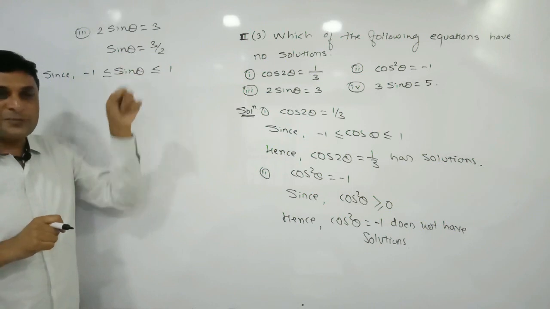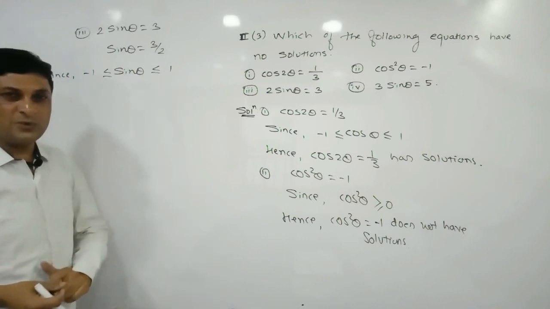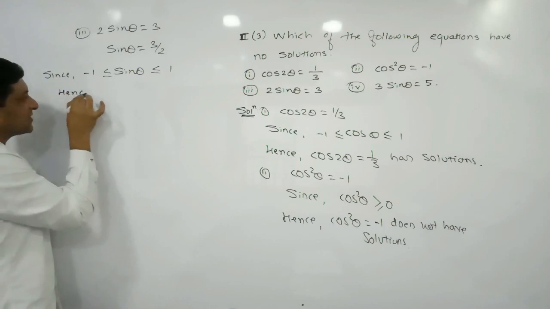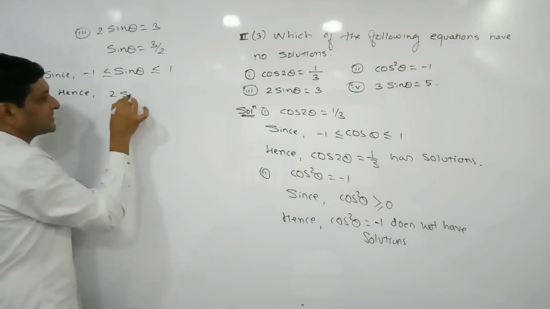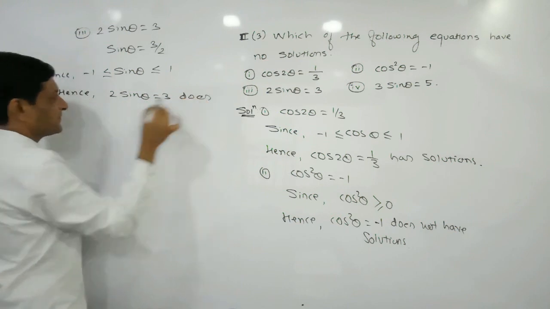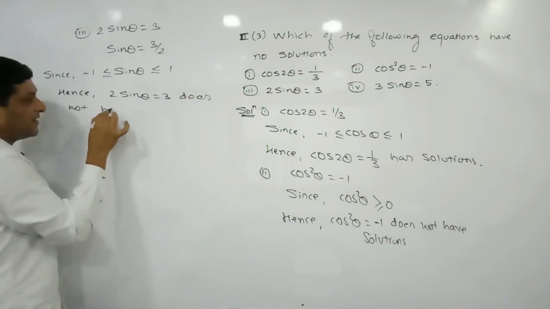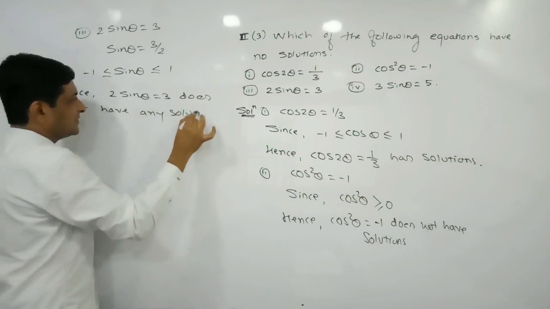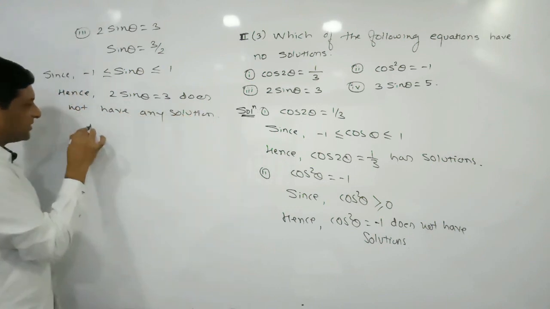So that's why sin theta equal to 3 by 2 is not possible. Hence we can say that this trigonometric equation does not have a solution. Hence 2 sin theta is equal to 3 does not have any solution.